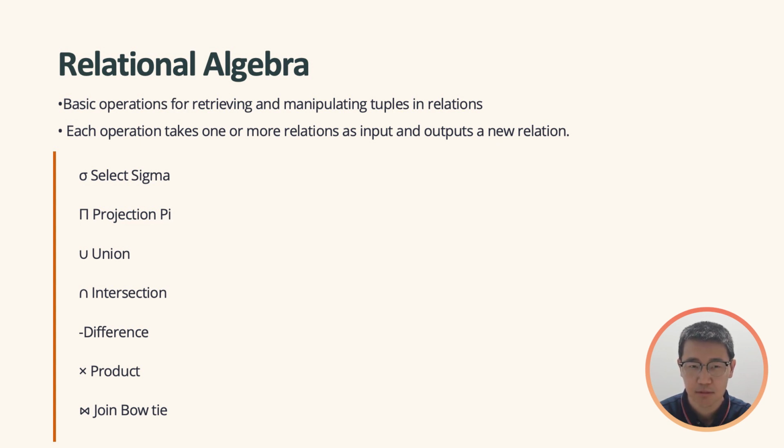For example, in our specific scenario, relational algebra is used to retrieve and manipulate tuples through fundamental operations. Each operation will involve one or more relations, and when given an output, it will form a new relation.